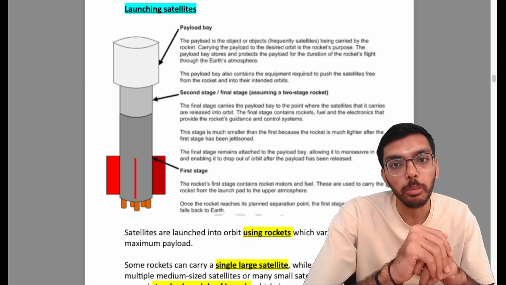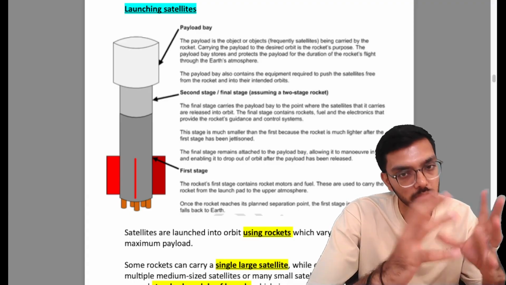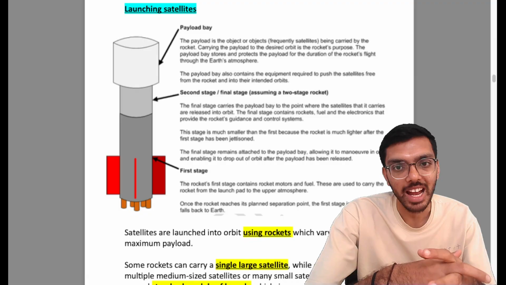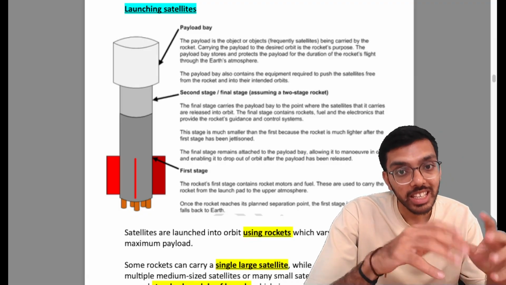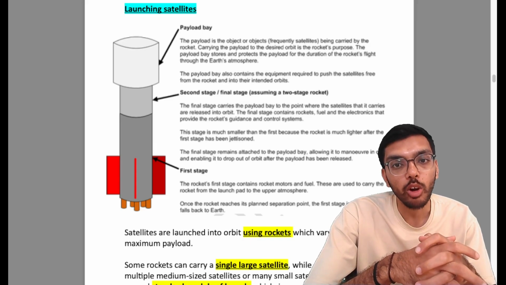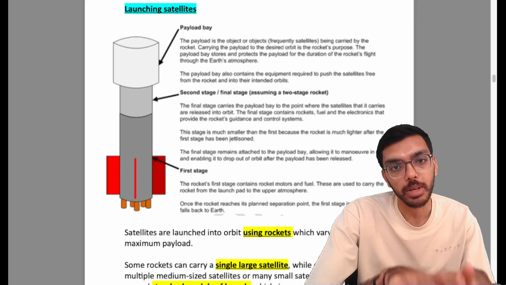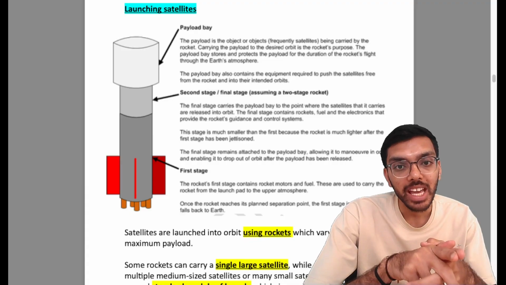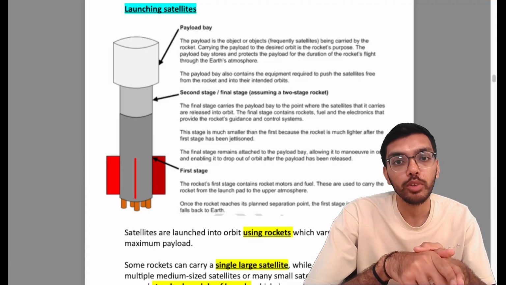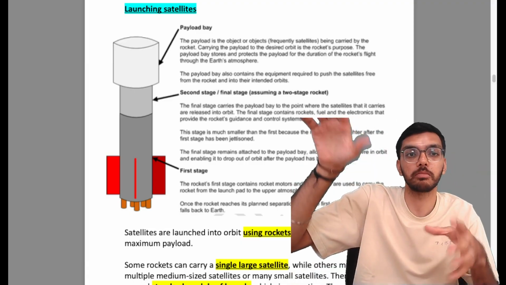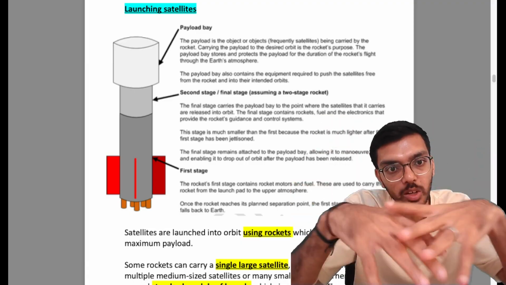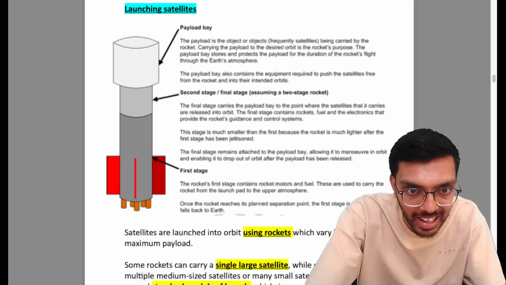The payload is the object, or the objects can be multiple, generally satellites, being carried by the rocket. Carrying the payload to the desired orbit is the rocket's purpose. The payload bay stores and protects the payload for the duration of the rocket's flight through the Earth's atmosphere. The bay is protecting what is inside, which is the satellite.